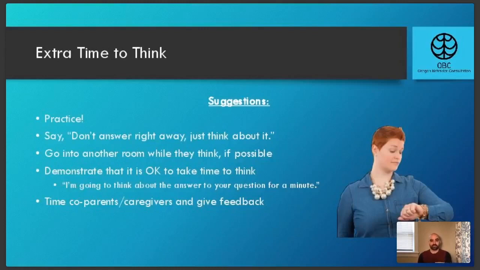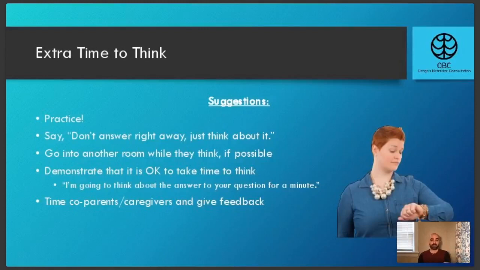You might notice that when you want to give somebody more time, they still answer right away. So you ask them a question and then bam, they give you an answer that maybe they either haven't fully thought about what you asked or they haven't fully thought about what the answer should be. And so what I like to do is say, don't answer right away, just think about this. And then I say what I want them to think about.